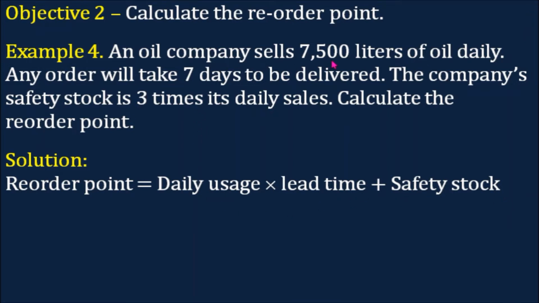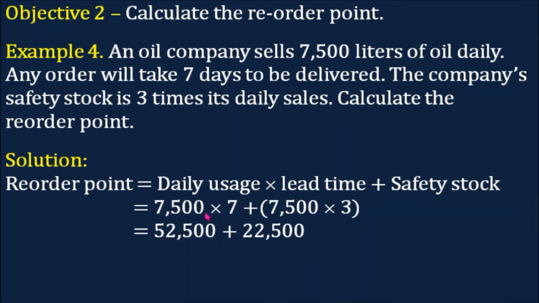So our daily usage here is 7,500 and our lead time is 7 days. It takes 7 days for the new order to be delivered. And then the safety stock here is 3 times its daily usage. So daily usage is 7,500 times 3.